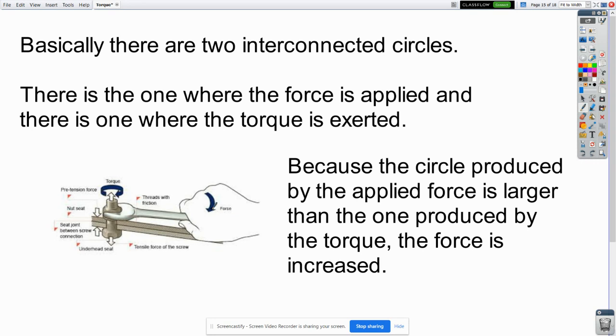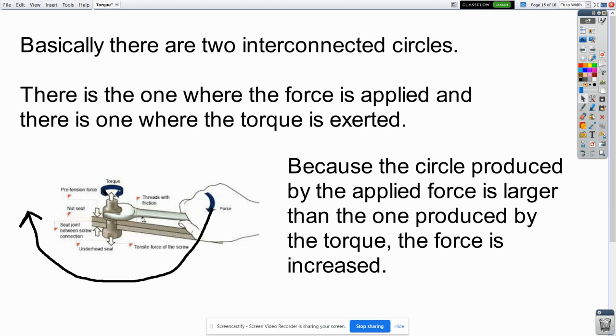There's going to be a circle that's produced by the applied force, and there's going to be a circle that's produced by the torque. The applied force circle is way out here where you apply your force to the wrench. The torque circle is in here in the middle where the wrench is applying its force to the nut or the bolt. We have 2 circles rotating together, 2 interconnected circles.